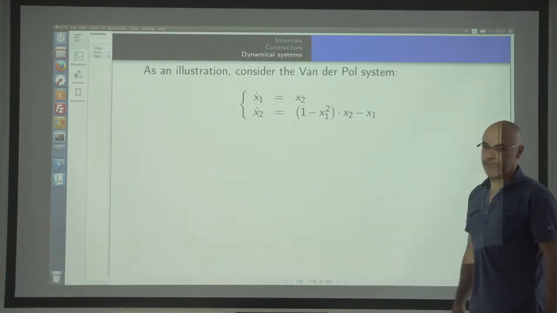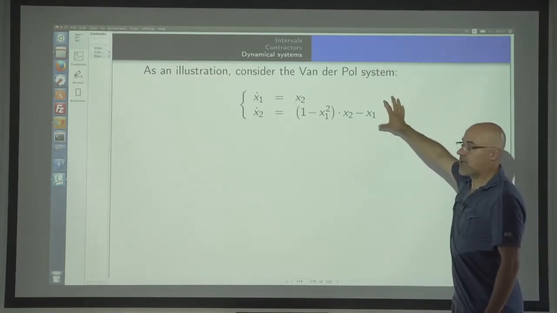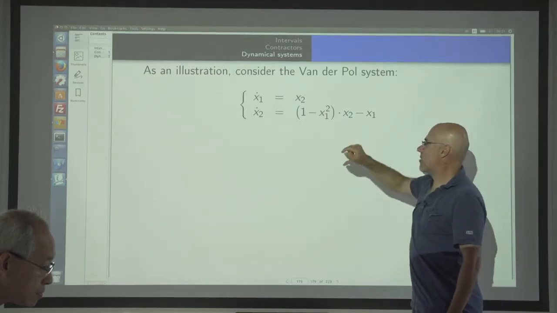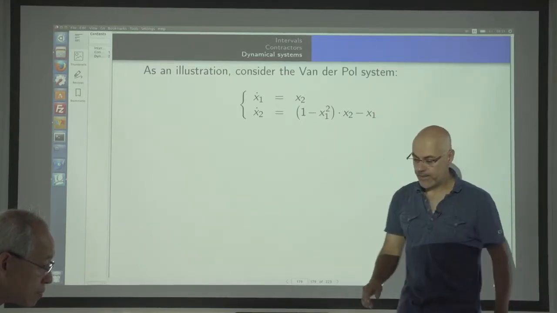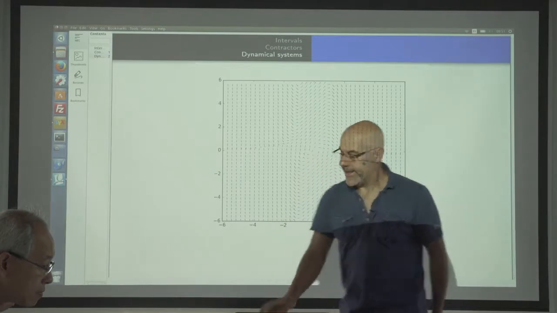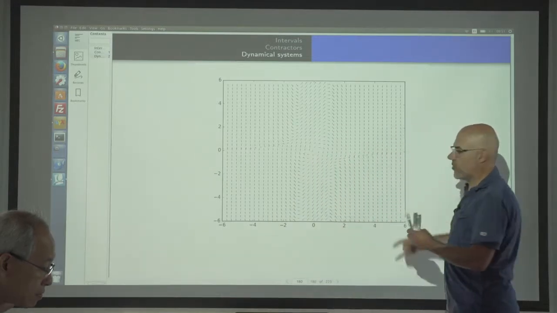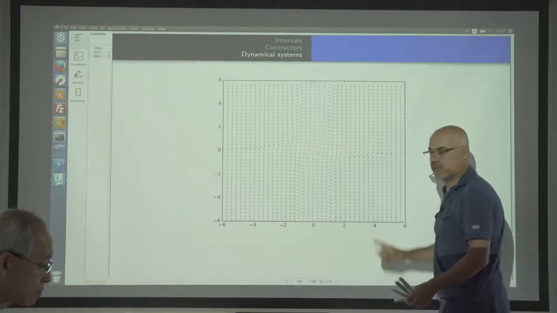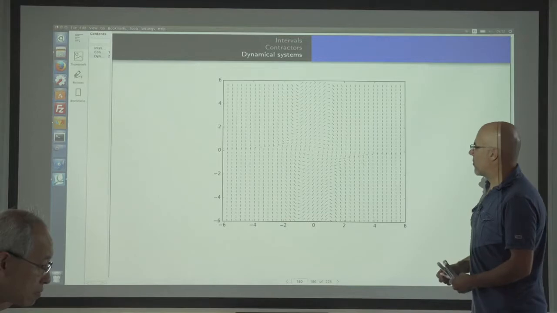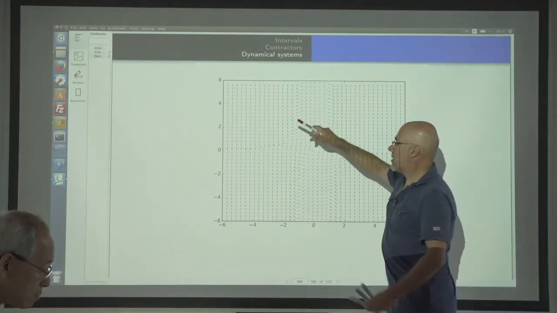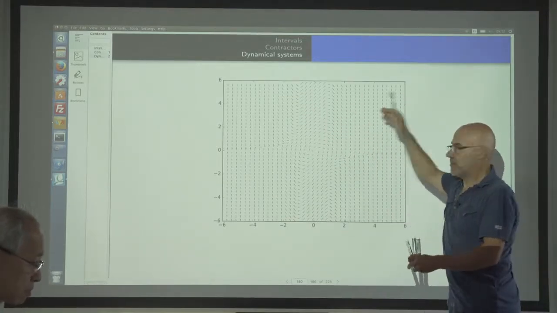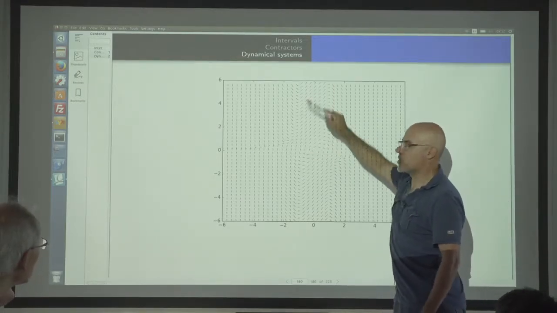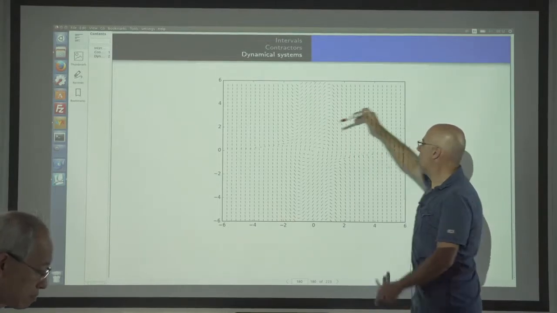It is a Van der Pol system, a classical system in dynamical systems with a limit cycle. You have this one, and you can see here some arrows, like this, like this, like this. Okay. Do you think that this point, so this is X, belongs to the largest positive invariant set inside X?